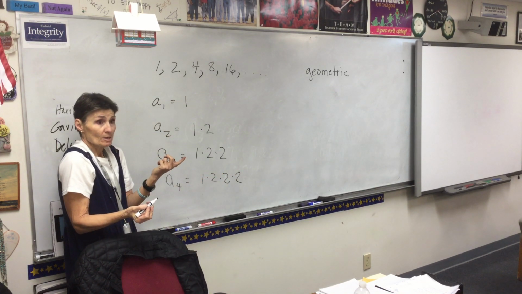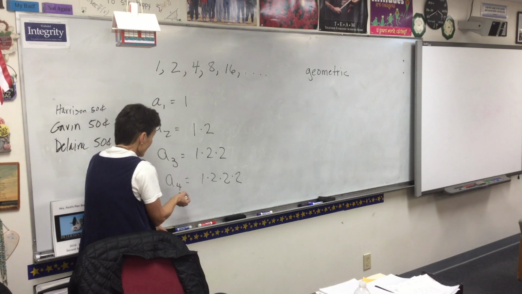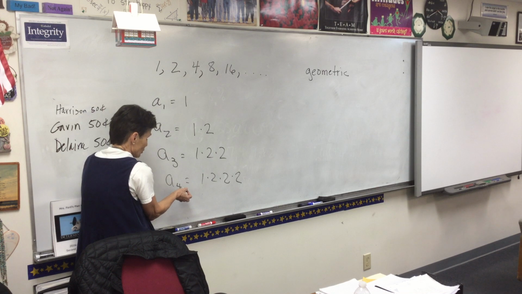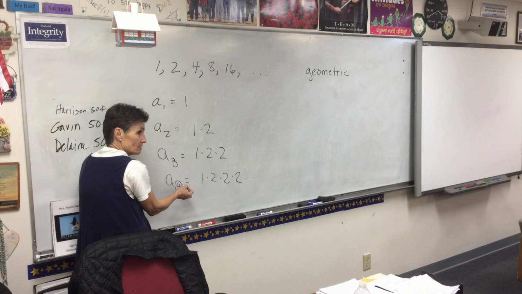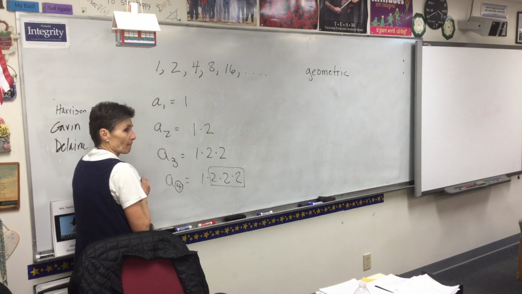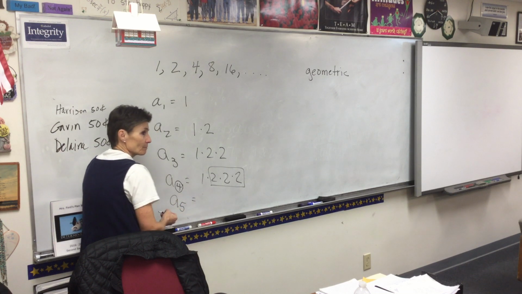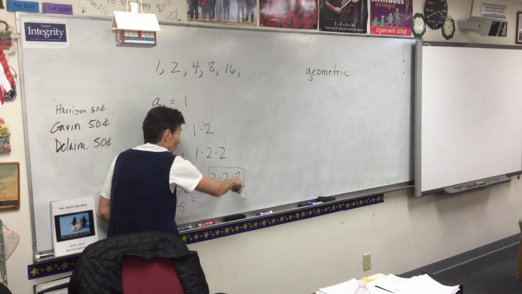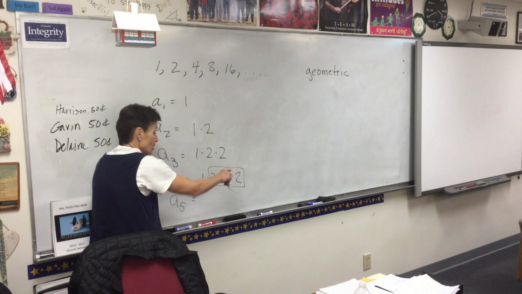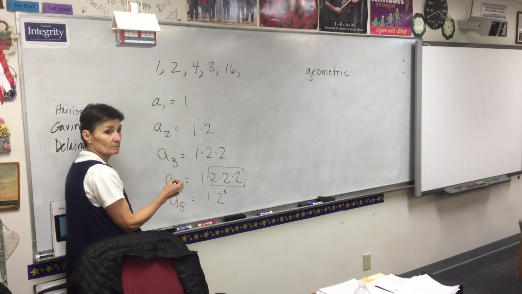Right? So what's happening here is, if you look at this carefully, you'll see there's a relationship between the term number and how many 2's we multiply by. The fifth term would be that one with another 2. So wouldn't it be 1 times 2 to the 4th? Yes.